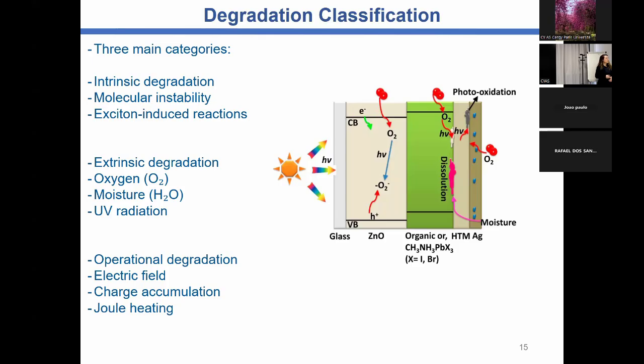This one we can deal with through insulating properties, so we must apply lamination of the device to overcome the stress coming from water, oxygen, or light. So by improving the barrier, you can improve the stability, but there are some things related to the intrinsic degradation that come from the device itself.